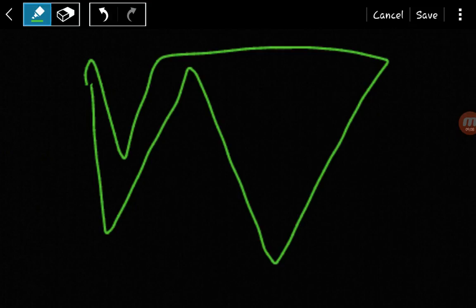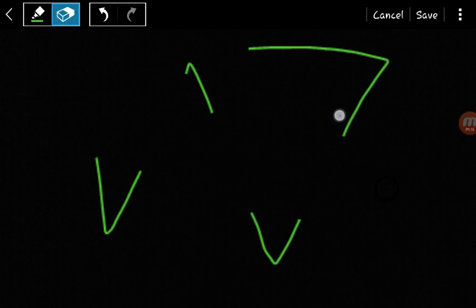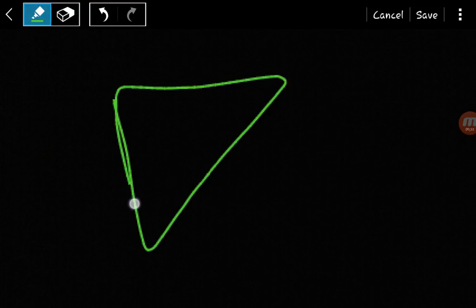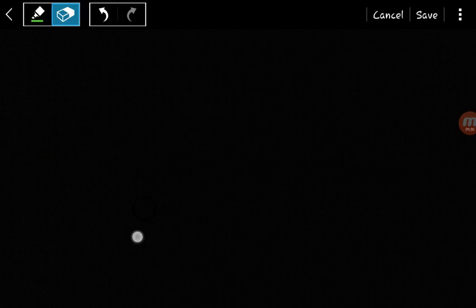Okay, this is not a polygon either, because if you look really closely, it's an open figure. Now, is this a polygon? Yes, it is. It's a triangle, or as close as I can get to it. So, that was a polygon.